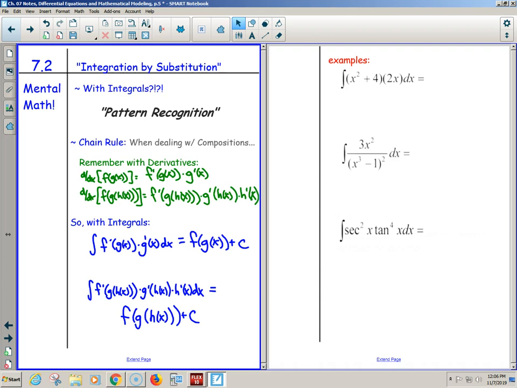Let's say I were to give them something like 3x squared minus 2x minus 8. Yeah, I did it that time.